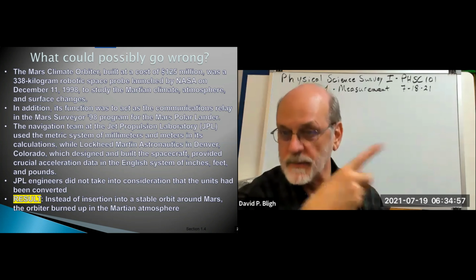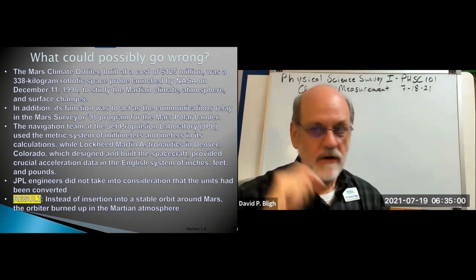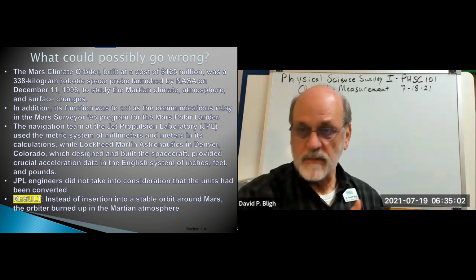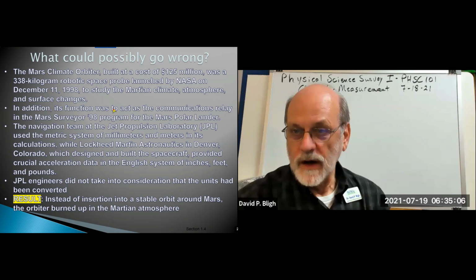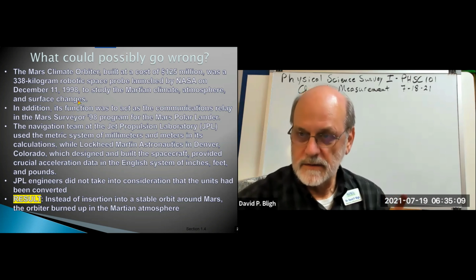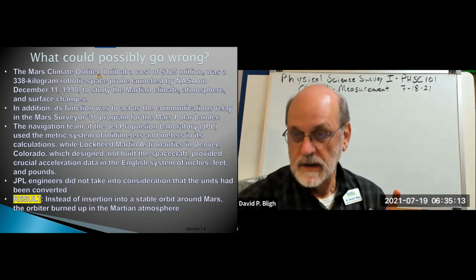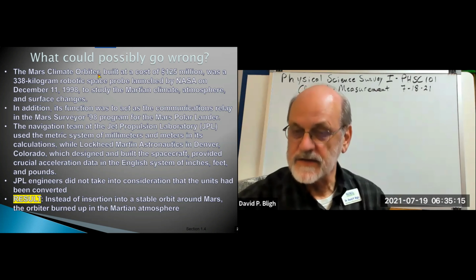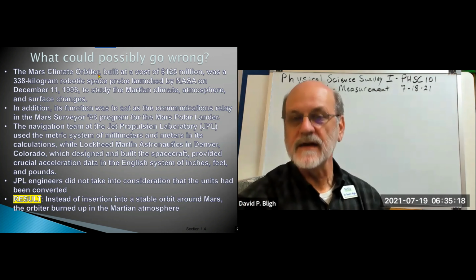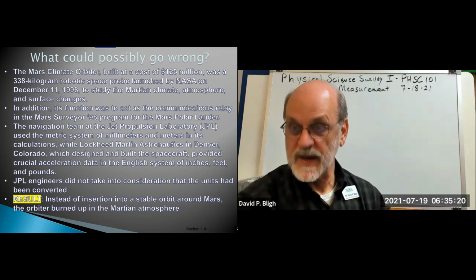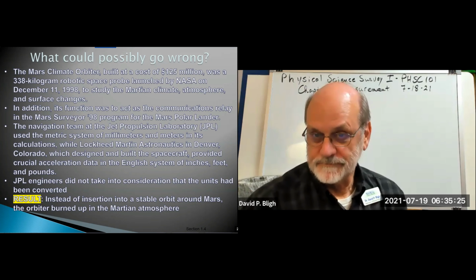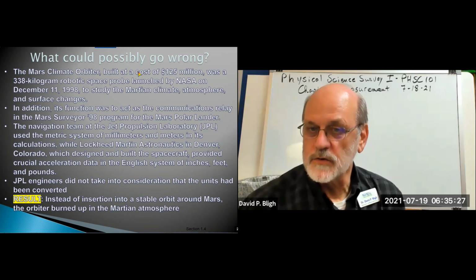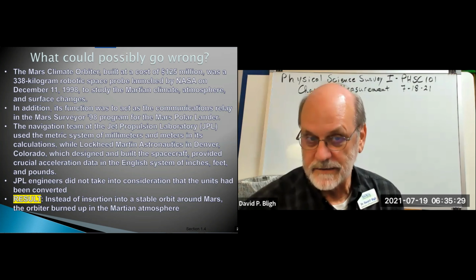Some of them orbit the planet, some of them just fly by, and some of them try to land. Right? There was one probe spacecraft that was sent to Mars, the Mars Climate Orbiter. By its name, of course, you may guess that it was supposed to go into an orbit around the planet and make measurements from space. Well, something went wrong. $125 million was just flushed down the toilet.